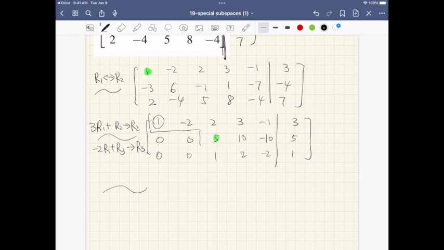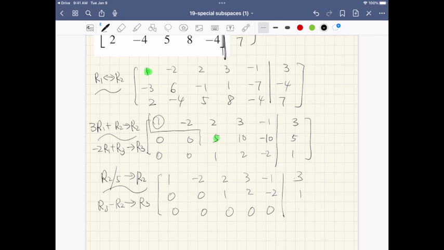So to do that, R2 divided by 5, replace R2. 1, negative 2, 2, 3, negative 1, 3, and 0, 0, 1, 2, negative 2, 1. And using this new R2, we can kill R3. So 0, 0, 0, 0, 0, and this is also 0.